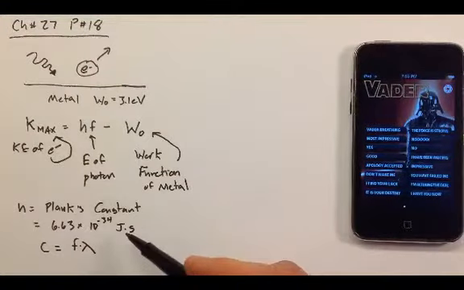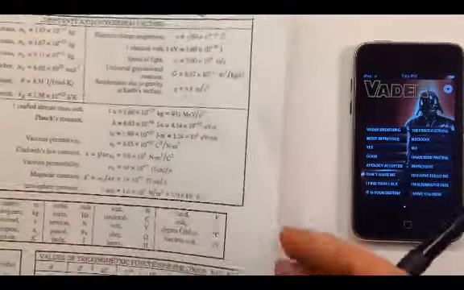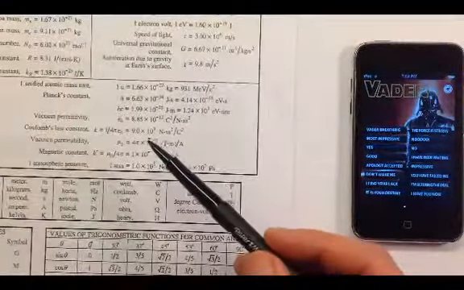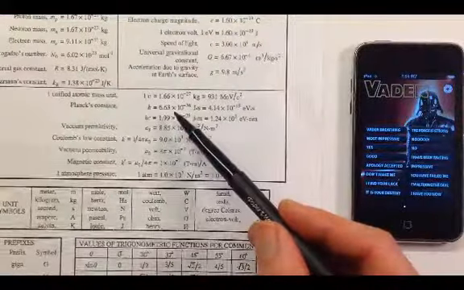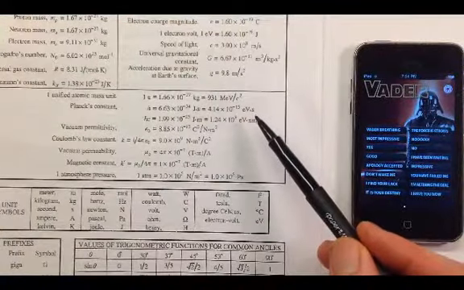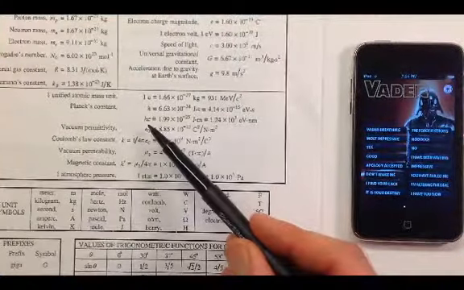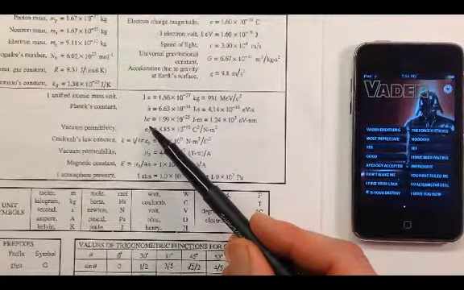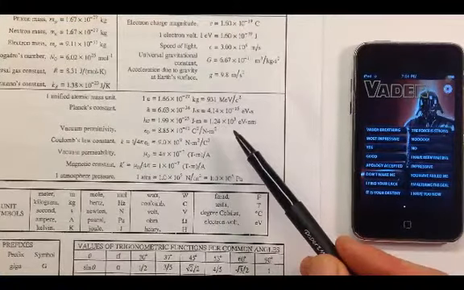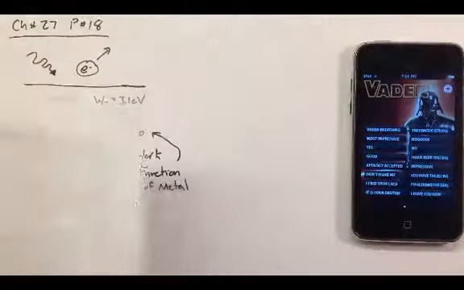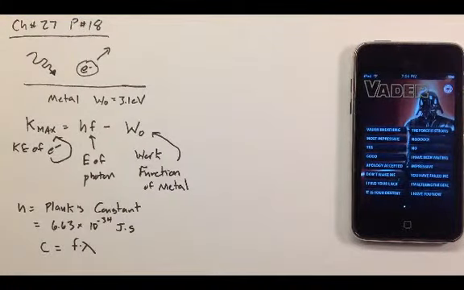Also, Planck's constant, while it's in joule seconds, is also listed on your table of information in electron volt seconds, and also the quantity h times c, which gets used a lot, is listed there.